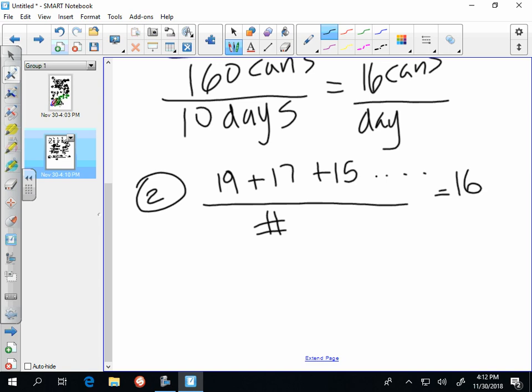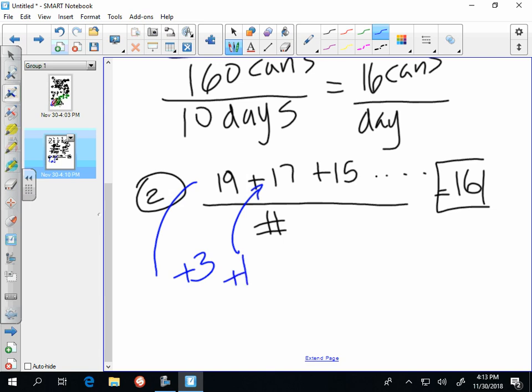Well, I'm pretty sure there's this really horribly hard way to do this problem, but the way I thought about doing it is our average is supposed to be 16. Well, let's examine these numbers. This first number is 3 above our average. And this second number is 1 above our average. So after the second day, we're 4 above average. Well, I notice that these 15s that follow are 1 below average.